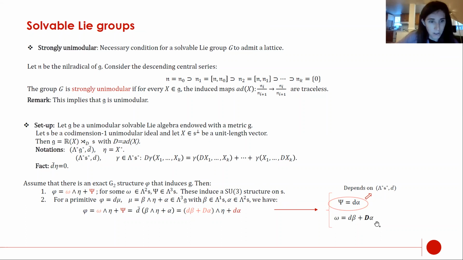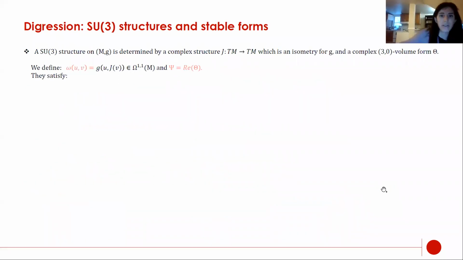And for explaining how we discard these equations, I'm going to do a short digression on SU3 structures and stable forms. An SU3 structure, well, is determined by a complex structure and a complex volume form, or equivalently a two form and a complex volume form.